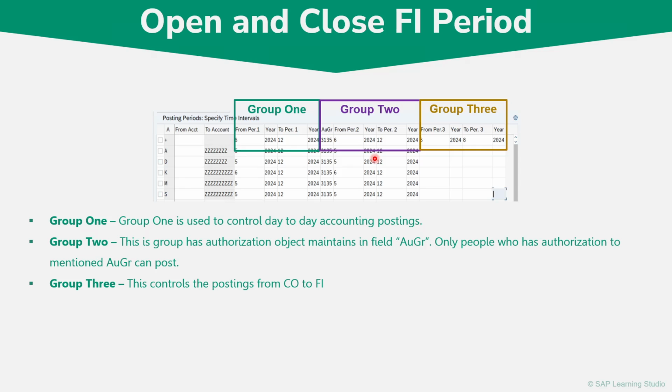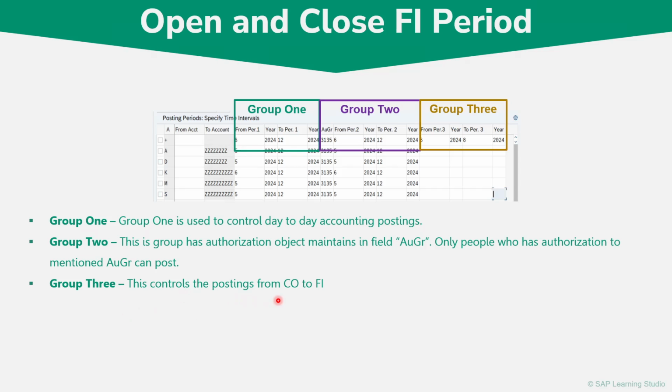For example, we are in the October month, so we can keep the September month open for the core team members, and they can post into the September period, so that month end can be closed or month end adjustment entries can be posted. The rest of the general employees continue to have authorization for the October month only. They cannot post in the September month. So this is how it is controlled by group 1 and group 2.